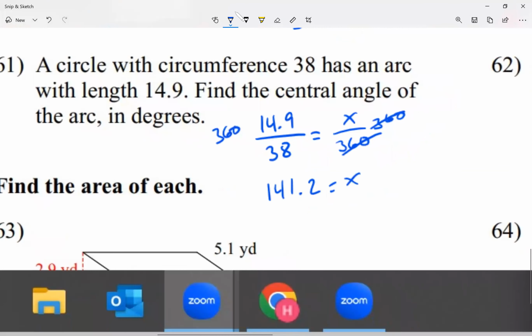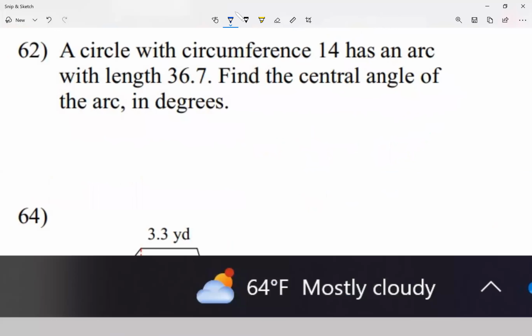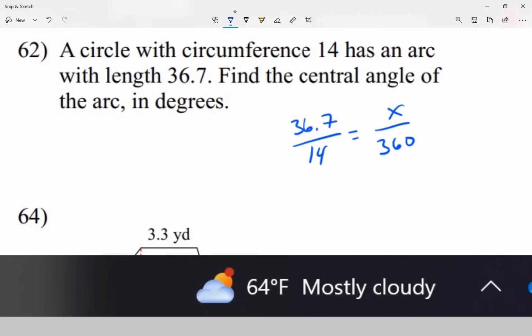Okay, let's take a look at number 62 here. A circle with circumference of 14 has an arc with length 36.7. So shouldn't I go 36.7 over 14 is equal to, I don't know, the central angle over 360. So let me multiply both sides by 360.